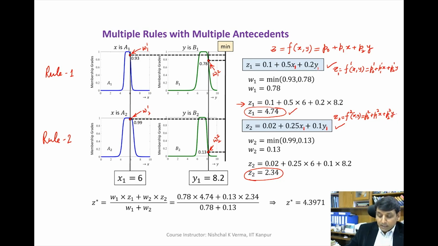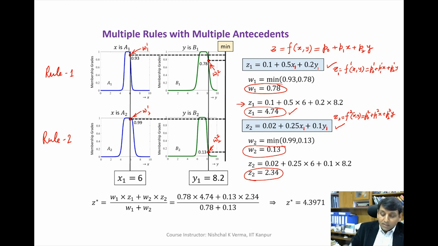So here we have Z1, Z2, and we also have W1 and W2 by taking the min of the corresponding membership values.